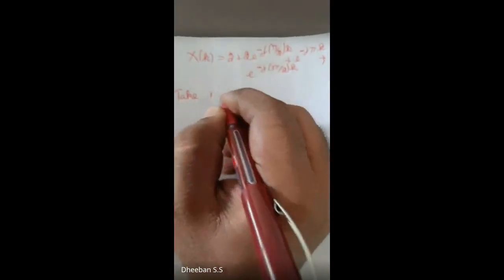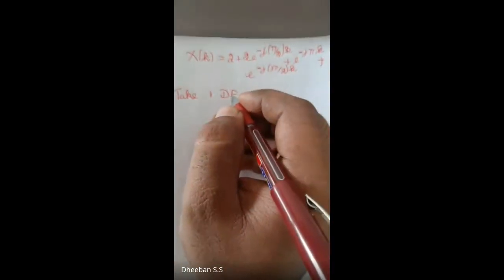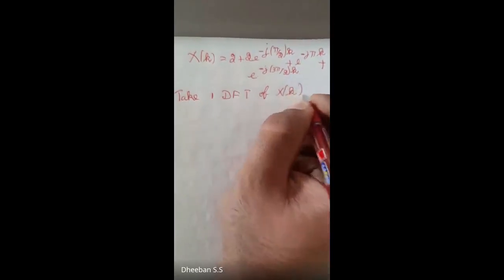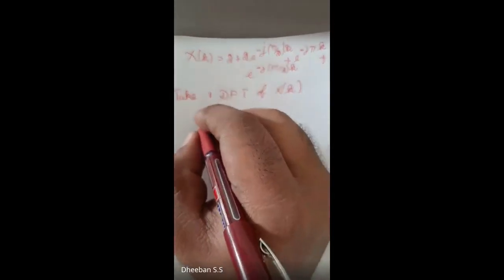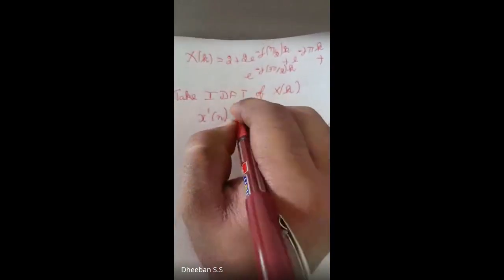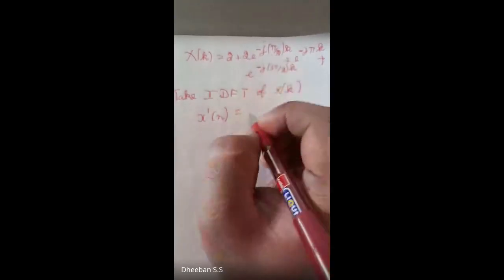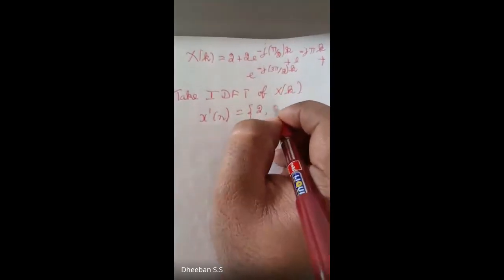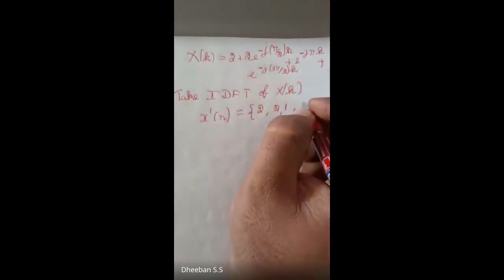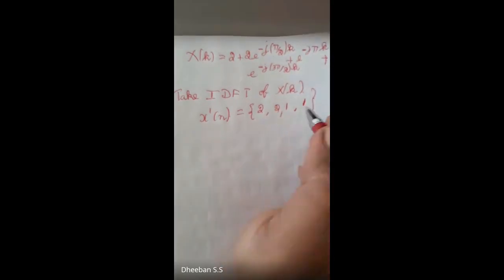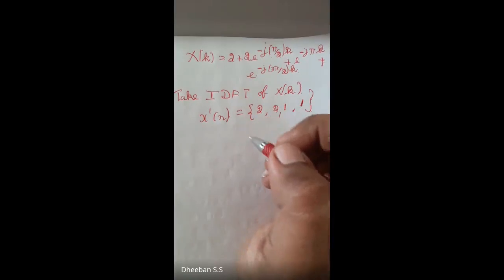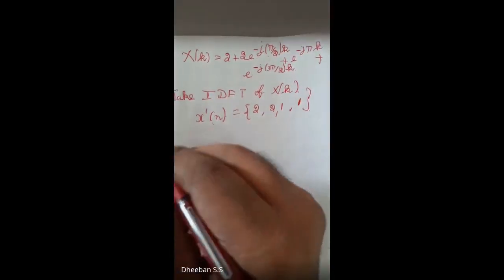Take IDFT of X of k, and we will be getting x dash of n. We just omit these values, so we have the same values, 2 comma 2 comma. It is the coefficient, so take the coefficient 1 comma, here also it is 1. So we have got x dash of n also.